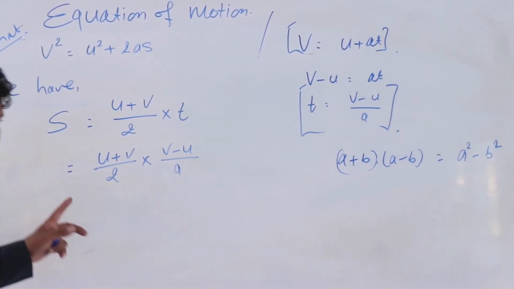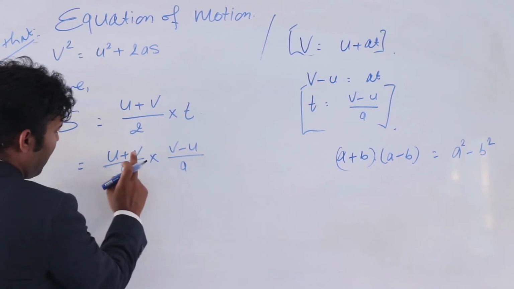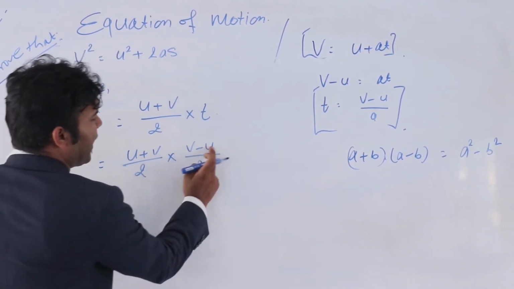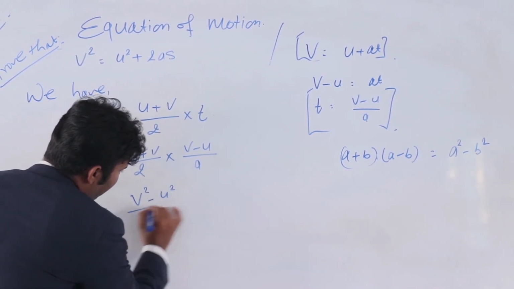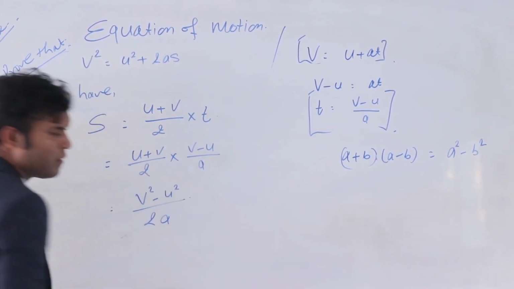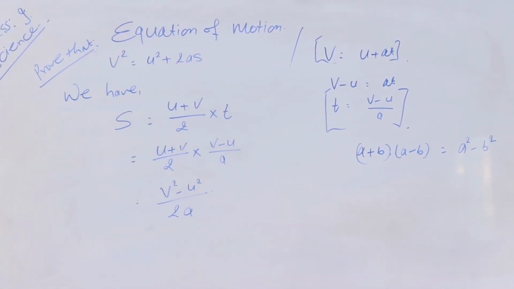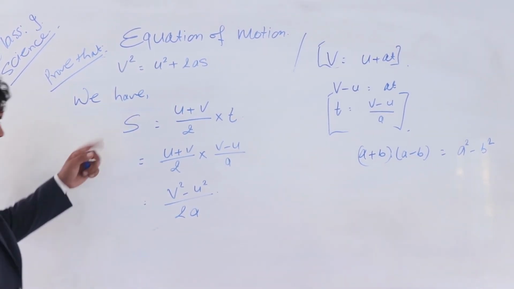Look here, U plus V and V minus U. It means V square minus U square divided by twice A. Is it right?